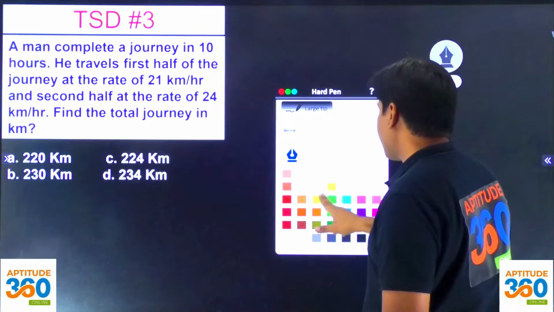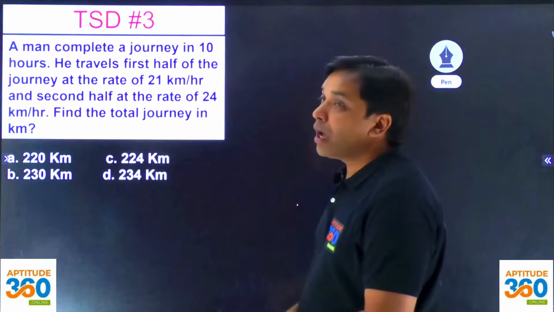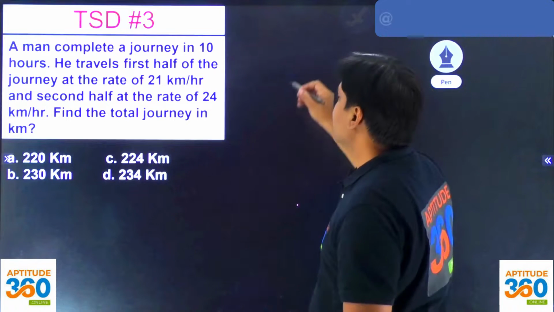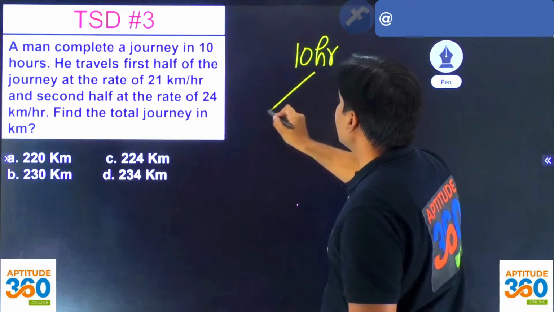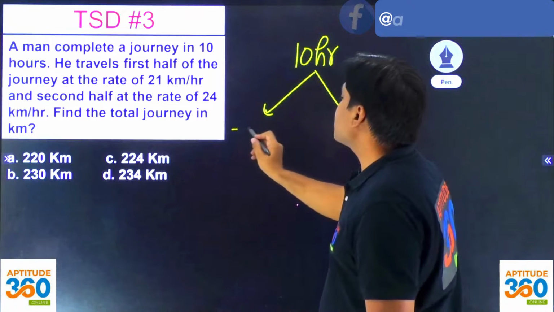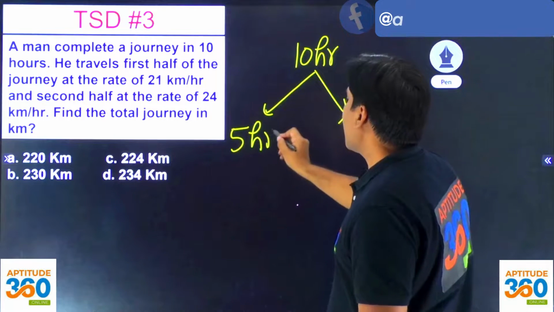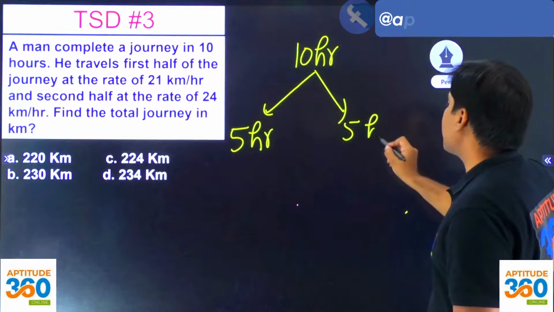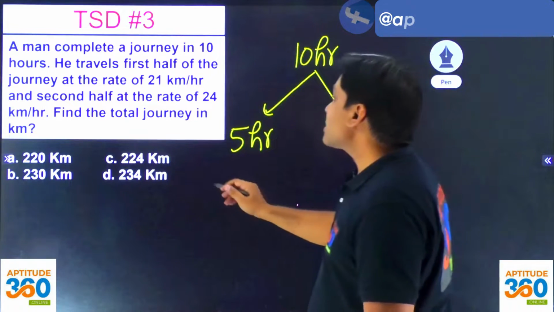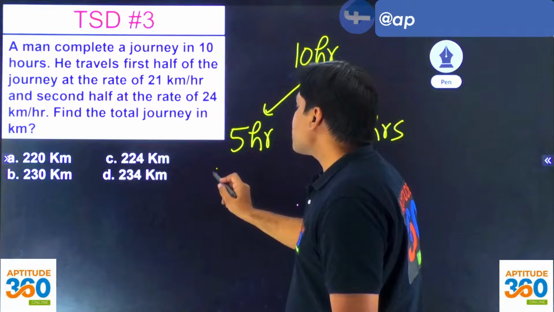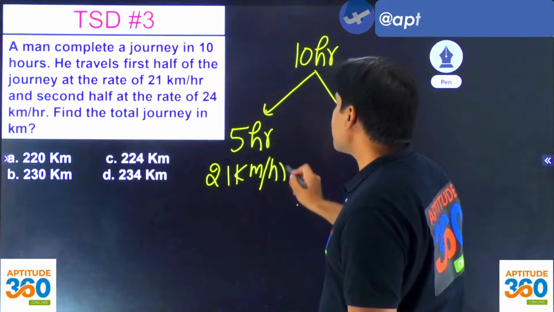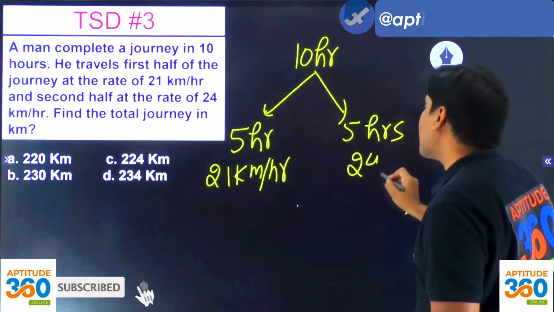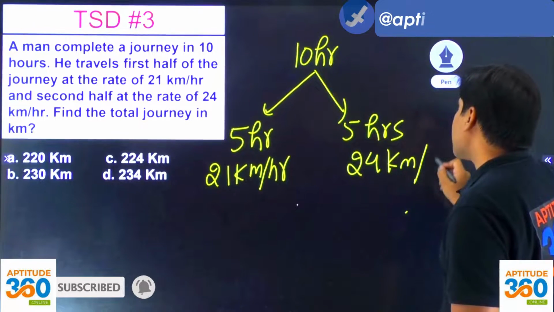Now understand this thing. What is the mistake that people will commit? They will say that okay, 10 hours is the total travel time. Then the first half of the journey is 5 hours and the second half of the journey is 5 hours. And then they do this. They say that okay, now we know the speed, which is 21 km per hour for the first half and 24 km per hour for the second half.